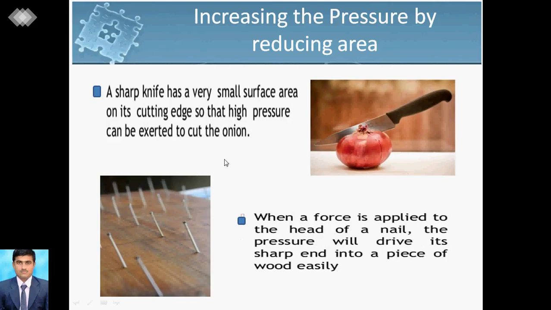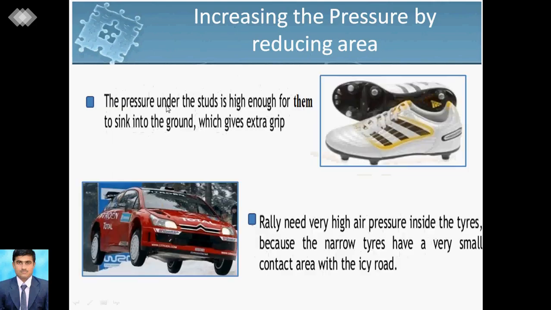So this is an example of increasing the pressure by reducing the area. The next condition is when you wear studs on a boot, it gives extra grip because of the distributed area of pressure. So here it is increasing the pressure by reducing the area.